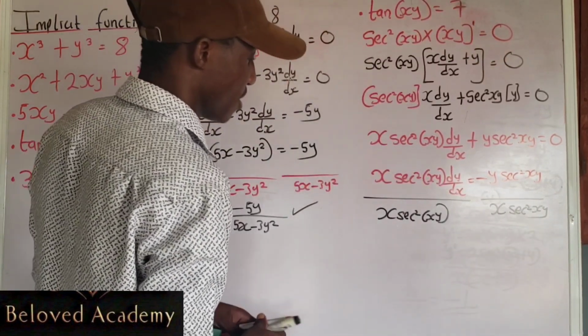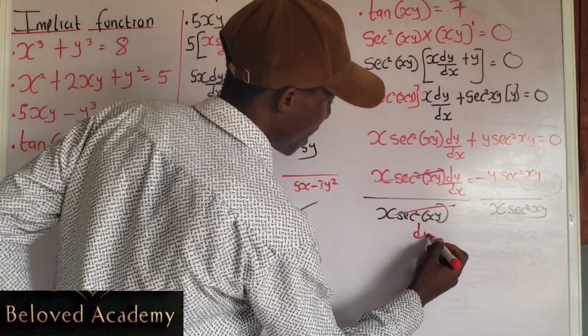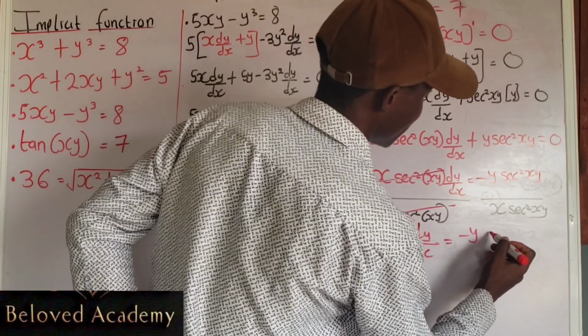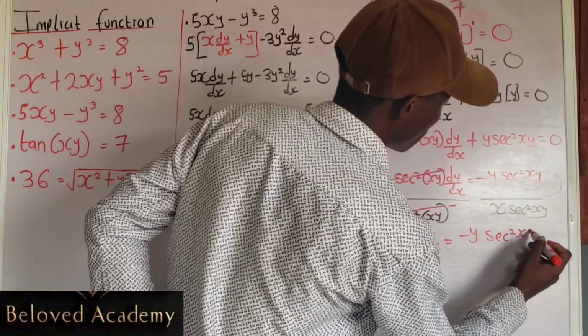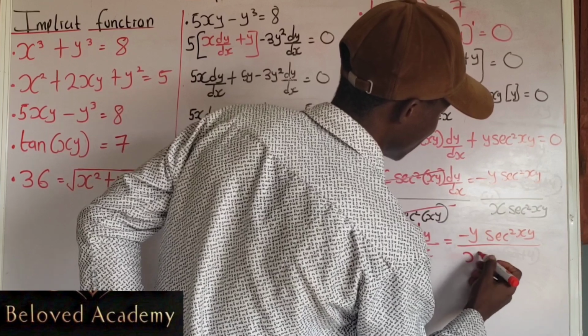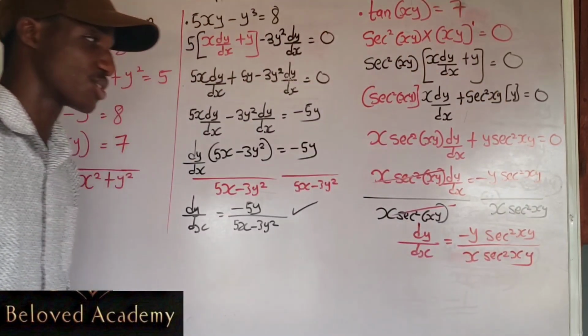Now, this will cancel this, so I'm left with what? dy over dx equals negative y sec square xy all over x sec square xy. Please pay attention.